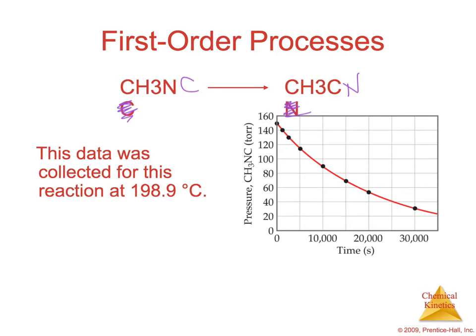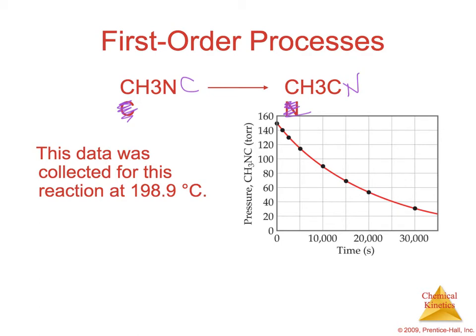Okay, so for this reaction, the concentration is analogous to the pressure, because the pressure is measuring how many molecules are bouncing around. So for gases, you can use pressure as an analogy for concentration. Concentration was plotted versus time, and you see this is not a straight line.